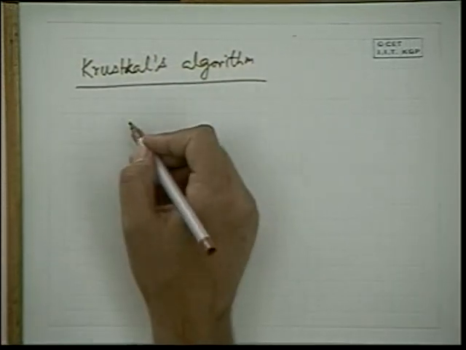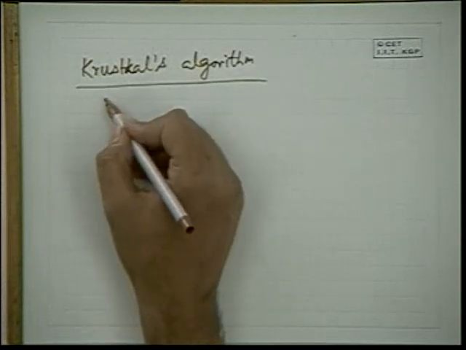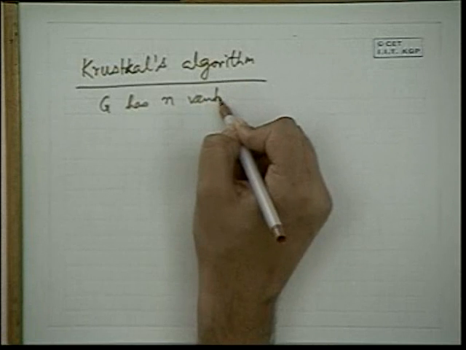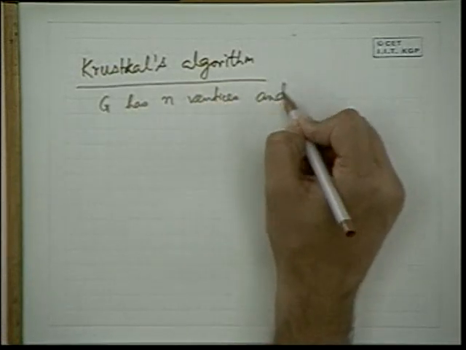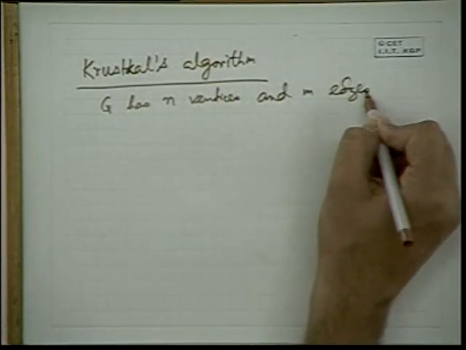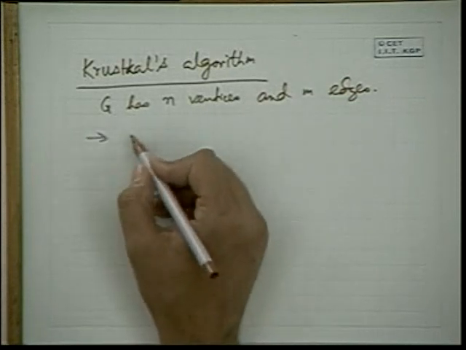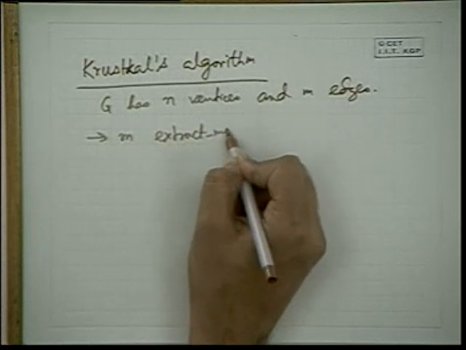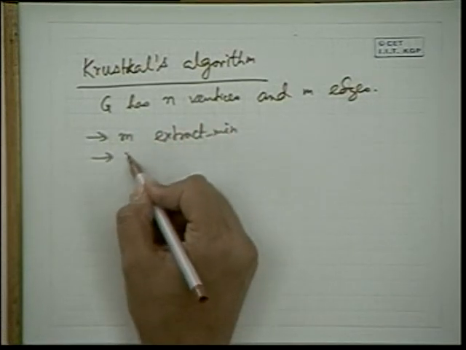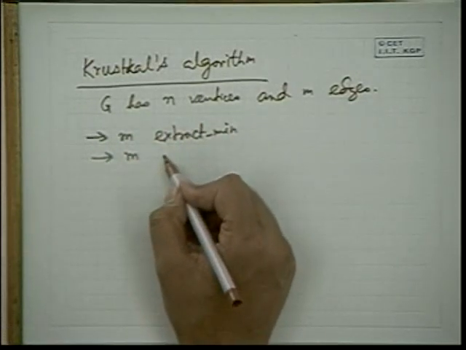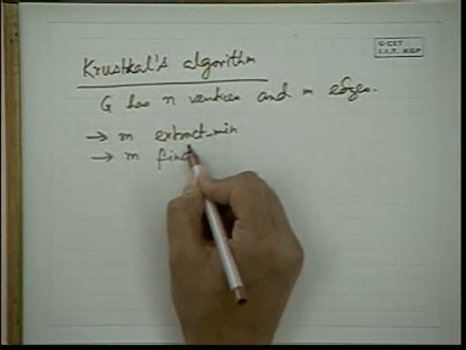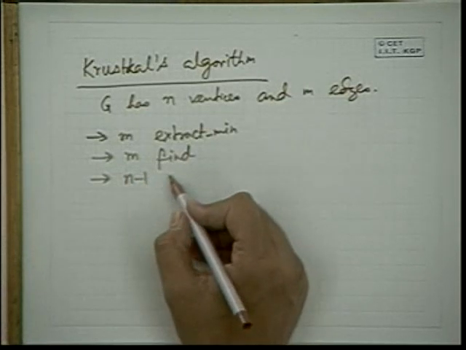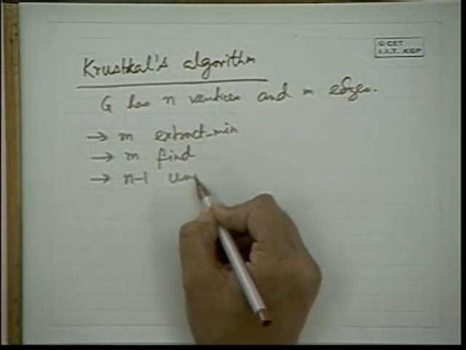If you remember, in Kruskal's algorithm, suppose G has n vertices and m edges, then Kruskal's algorithm had m extract min. It had m extract min, then it had m find, right? Then it had at most n minus 1 union operations.